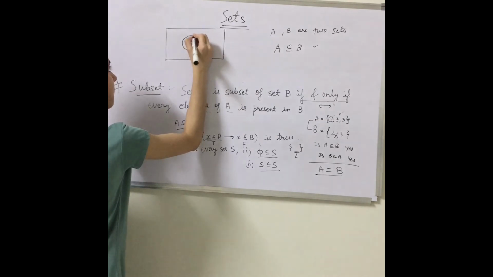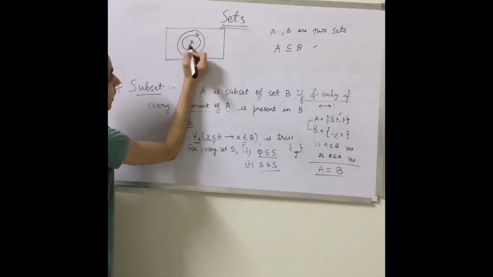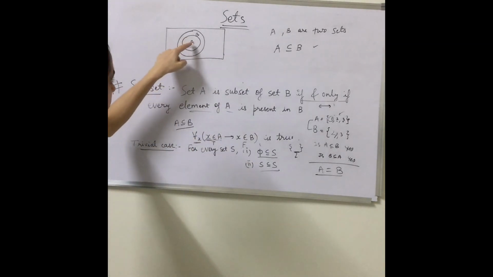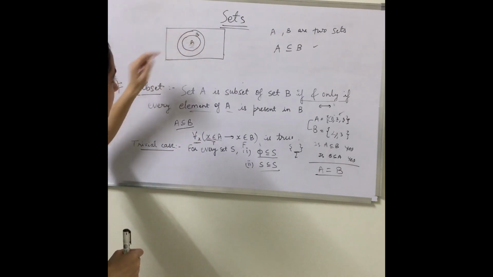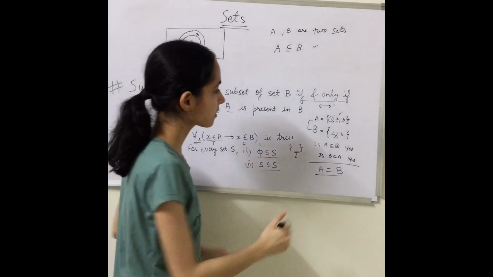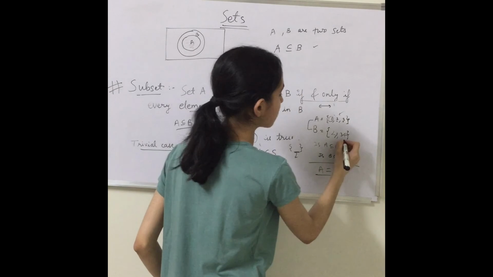This is A and this is B. It means all elements of A are present in B. But it is not sure that all elements of B are present in A. Take one example. Let's say there is 4 also.